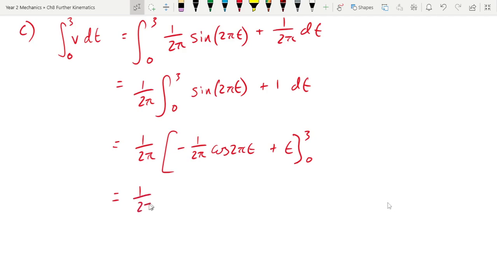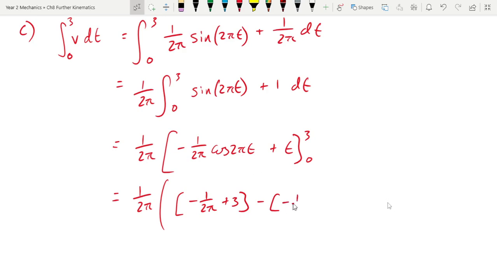So I've got 1 over 2 pi times my first bracket, when I substitute 3 into here, the trig bit becomes just 1, so cos 2 pi times 3, that's cos 6 pi, which is just 1. So I'm just going to get minus 1 over 2 pi times 1 plus t, so that's plus 3. The second bracket, I substitute 0 in, I'll get cos 0, which is 1.